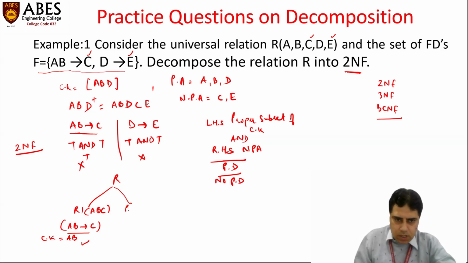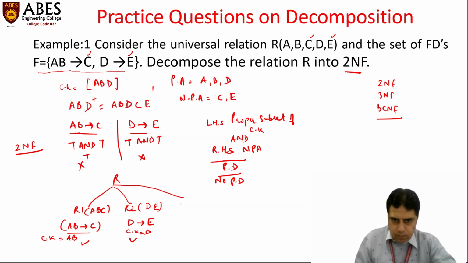Now R2: the second functional dependency is D determines E, with attributes D and E. We have to check whether this table is in 2NF or not. Here the candidate key is D, so no partial dependency exists. So this is also in 2NF.